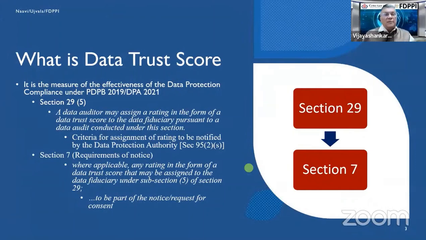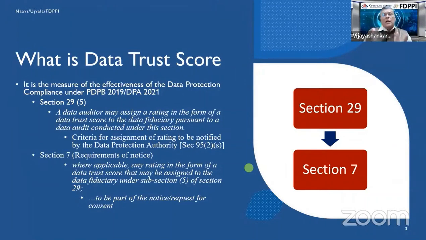Now, if somebody says, I am not a significant data fiduciary, it may become optional, but for others, this annual mandatory data audit is to be conducted by an external data auditor. Additionally, JPC has recommended that there should be a concept of concurrent audit.